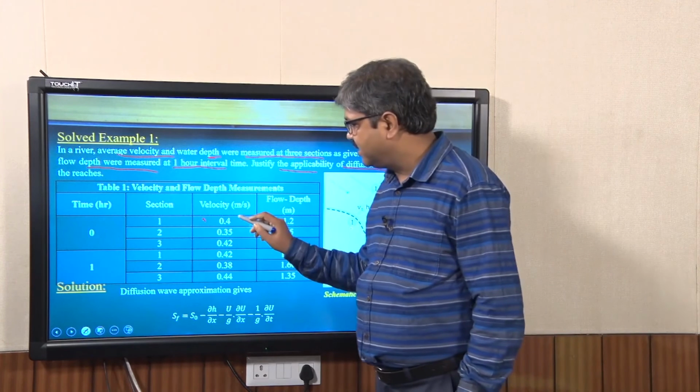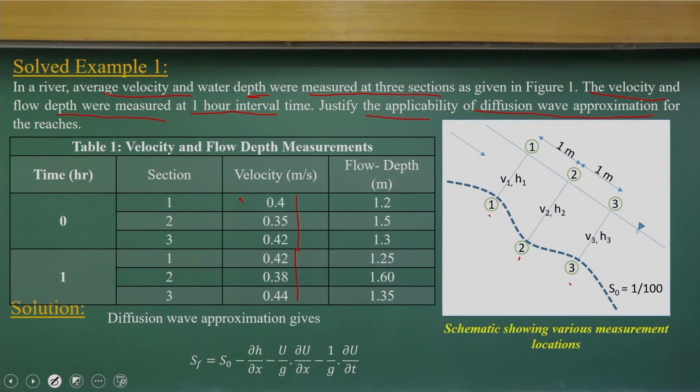So if you look at the velocity data and the flow depth data and these variations, we try to look at the gradient of h along the x direction, the gradient of u in the x direction, and the gradient of u in the t direction.